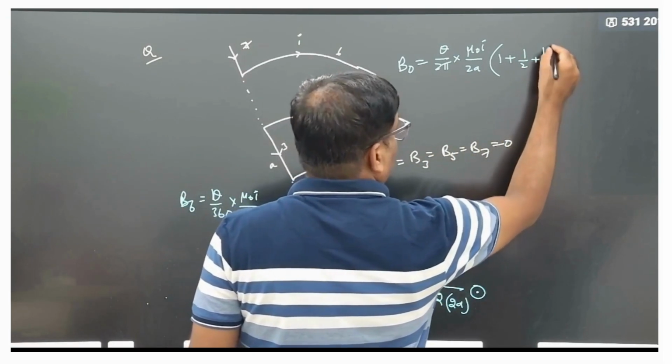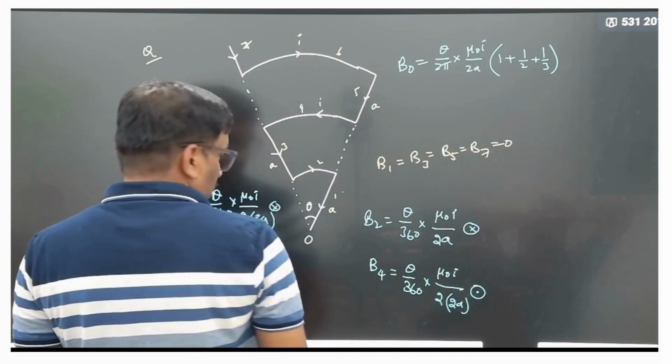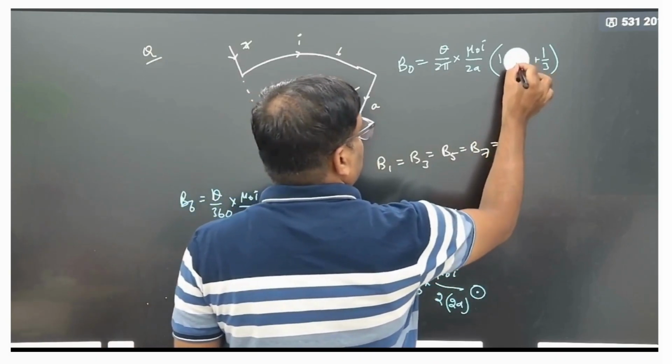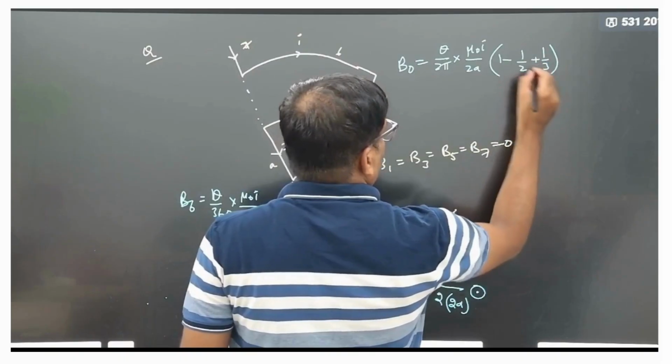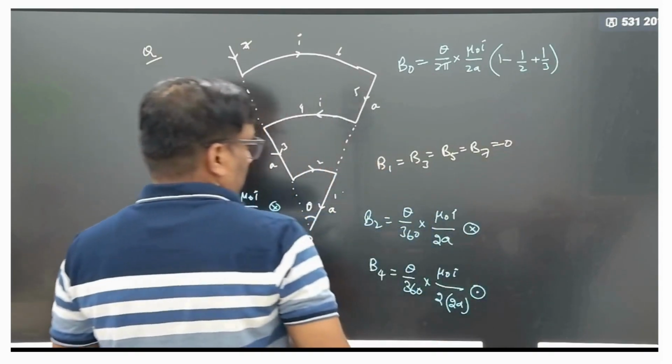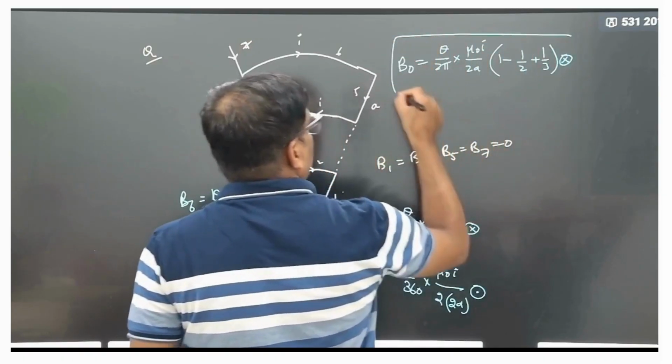Sorry, here both are not the same direction, this is minus direction. So it should be minus 1 by 2 plus 1 by 3. Which one is greater? This only is greater, therefore it will be in this direction.